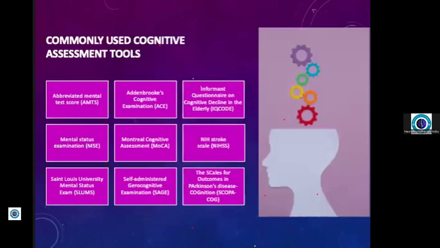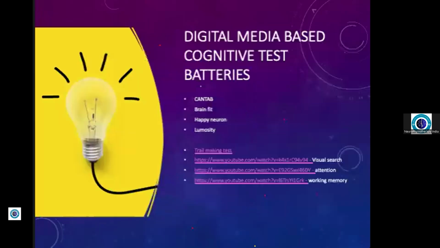So conventionally, we have been using many assessment tools for assessing children, for assessing adults of all different ages, for their executive cognitive functions. You may have heard many of these that you're seeing on the screen. For example, MoCA or MMSE. And in the newer ones too, you may have come across these on social media platforms like Lumosity and Happy Neuron, which are great.